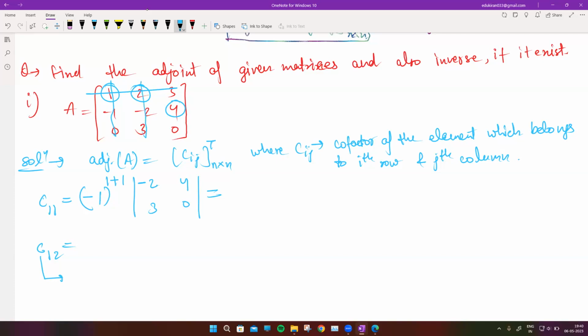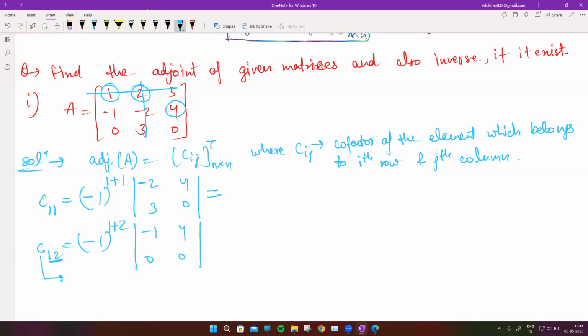We will delete its row and column to find out the cofactor for 2. And it will be -1 to the power 1 plus 2 this time, because first row and second column, into the determinant of whatever is left, -1400.